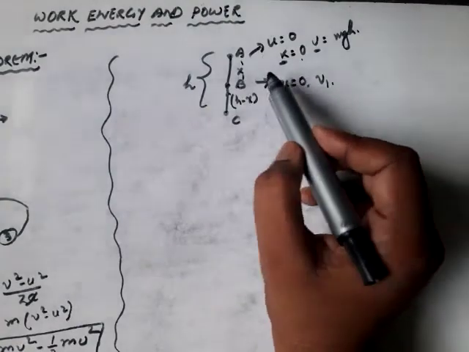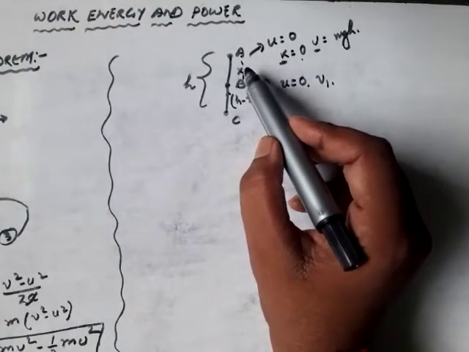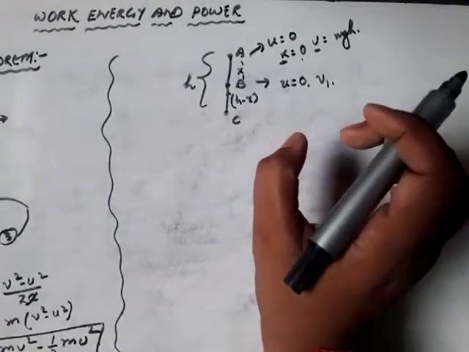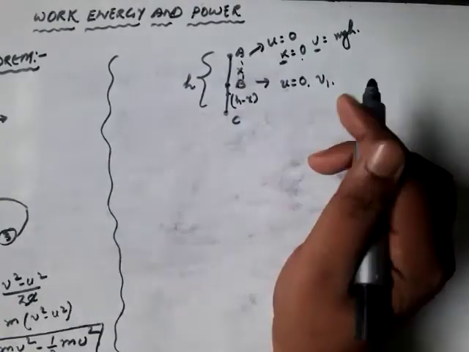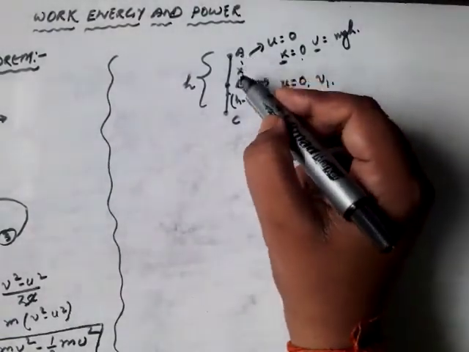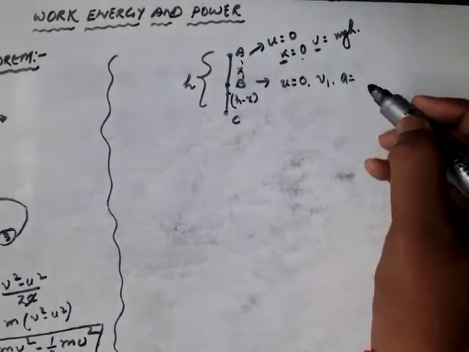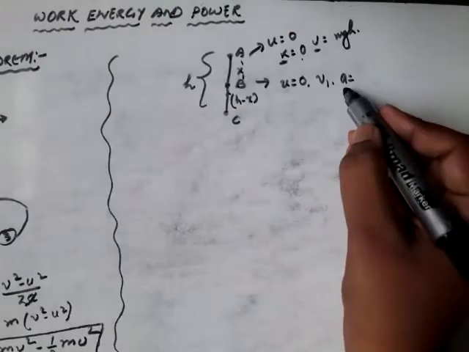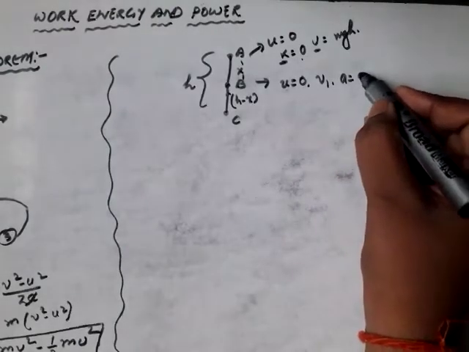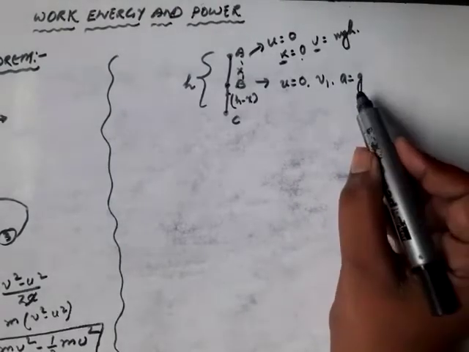It covers a distance of x, and it has some acceleration. When a body is falling upward or downward, the acceleration is g, the acceleration due to gravity.